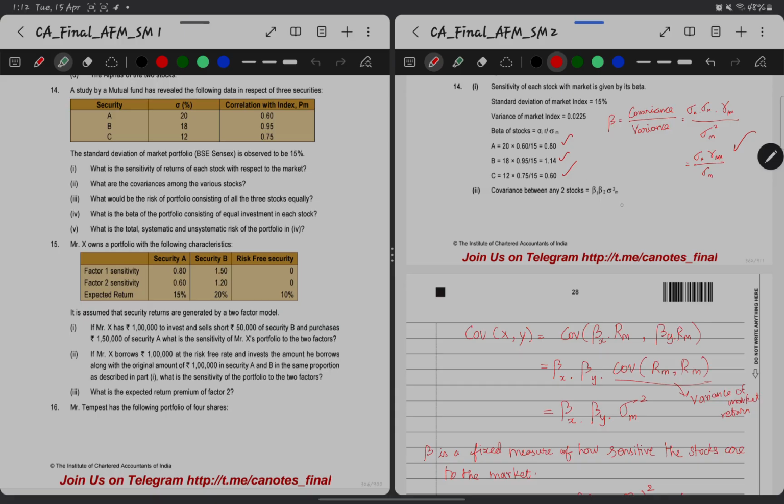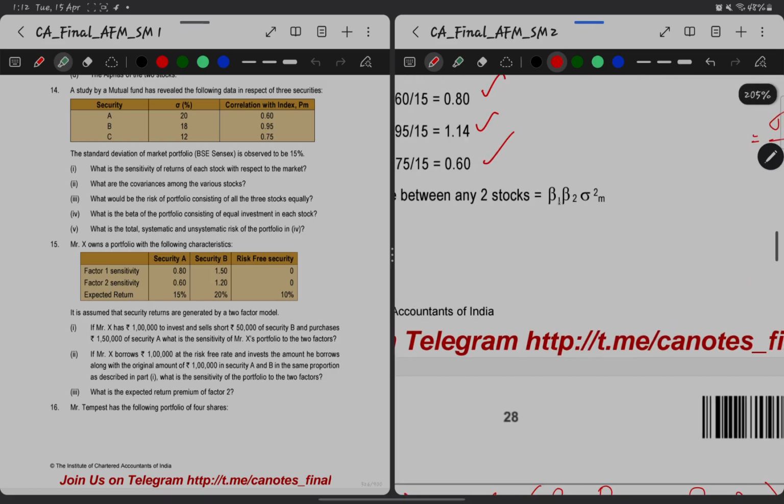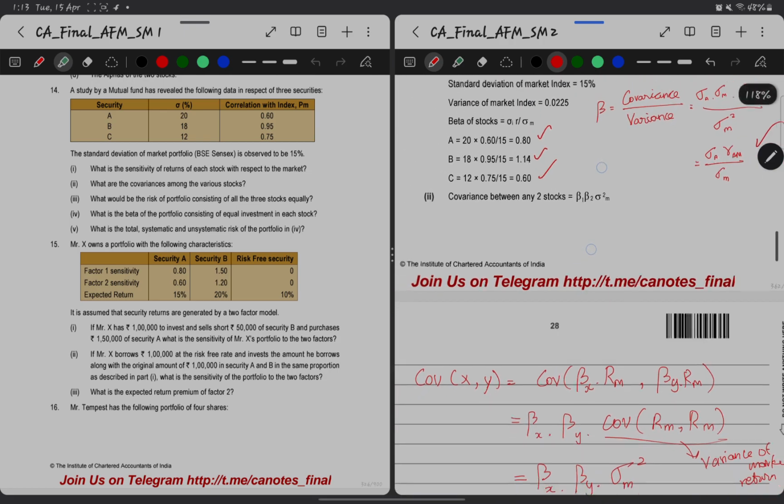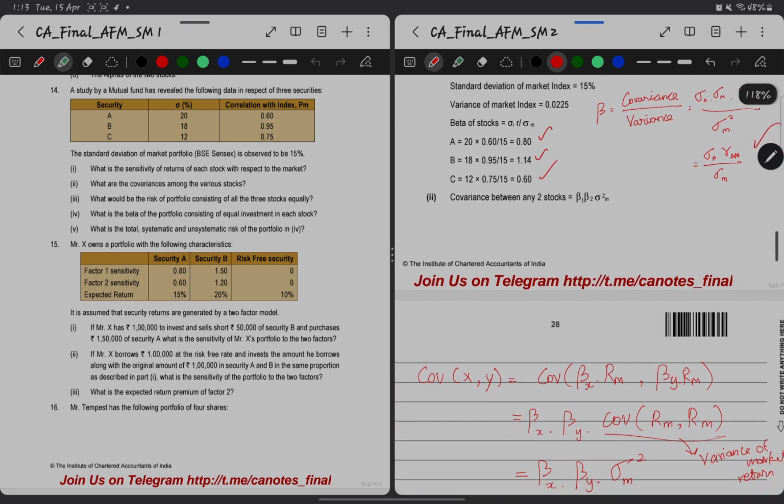Here we have the formula to find that. The beta of stock A multiplied by the beta of stock B multiplied by the variance of market return will give us the covariance between two stocks. Here we have the correlation coefficient with the market return, but we require covariance between two stocks, so this formula will be the apt one.